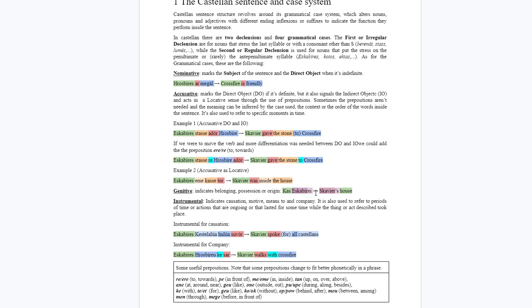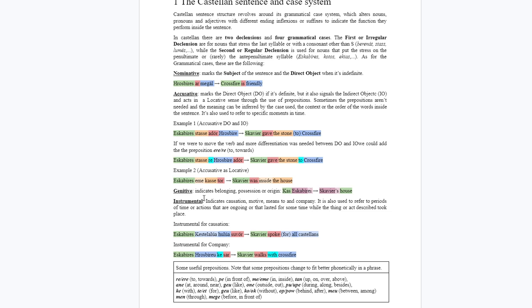Escavirei ends with an e and an I. So a vowel plus an I is the most common form for the genitive. Here it's acting as a possessive, so we're expressing that this house belongs to Scavier. Cas Scavirei, Scavier's house. Okay, this is one.